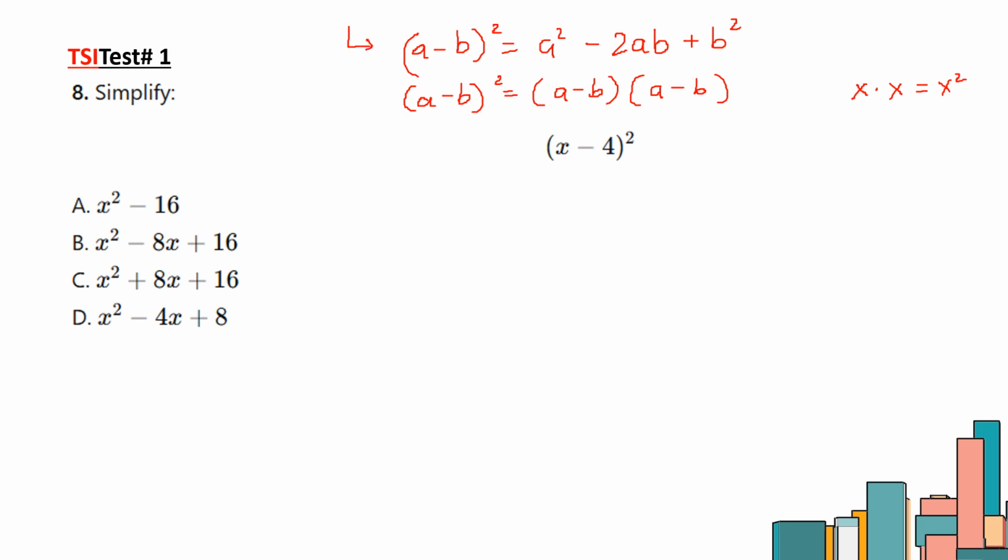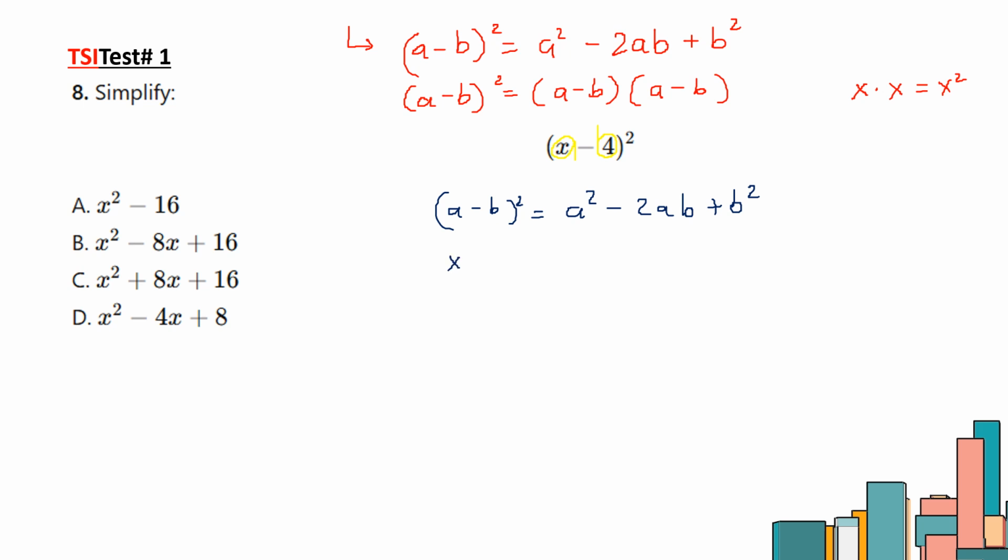Okay, so we have that, and now we just plug in. My a is x, my b is 4, squared. If I apply the formula, a minus b squared is a squared minus 2ab plus b squared, right?